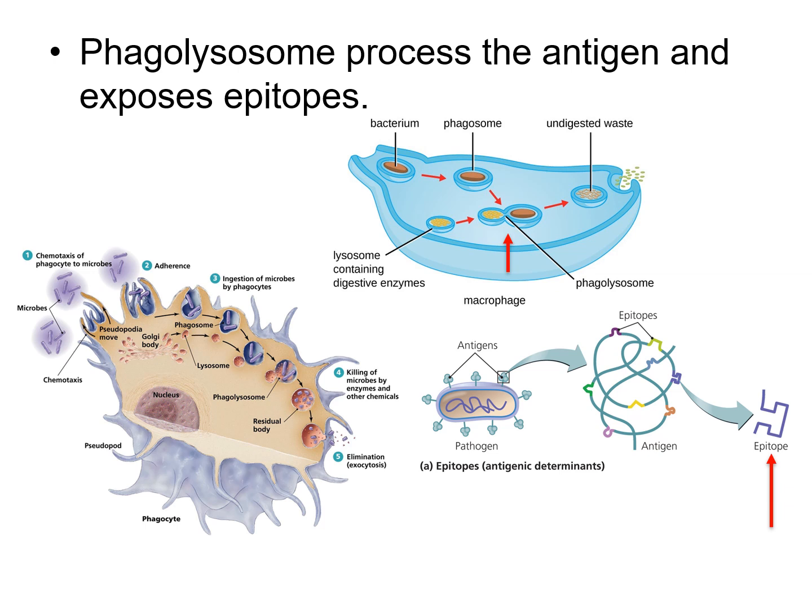It brought in that foreign substance, antigen, through a phagosome. The phagosome fuses with the lysosome. The phagolysosome is then going to process the antigen and expose a part of the antigen called an epitope. And in the bottom picture, I'm showing you how the epitope is just one piece of the antigen.